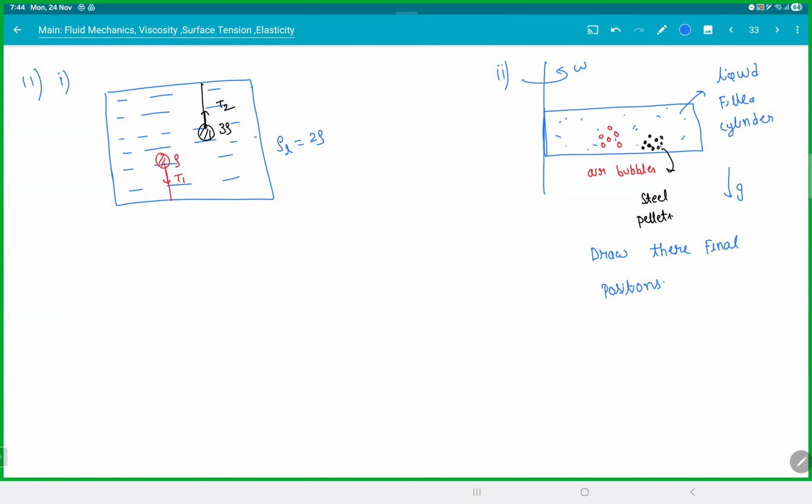If you look at T2, this mg will dominate here, which is 3 rho Vg minus 2 rho Vg. This is also rho Vg. And now when this thing goes up with an acceleration a, g effective becomes g plus a. Both will increase.